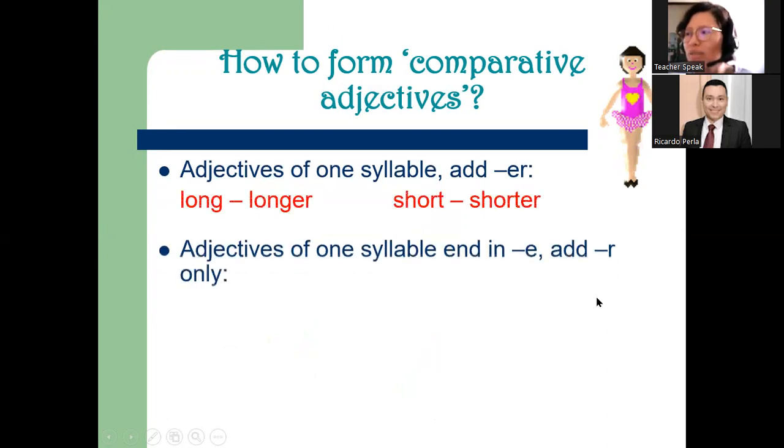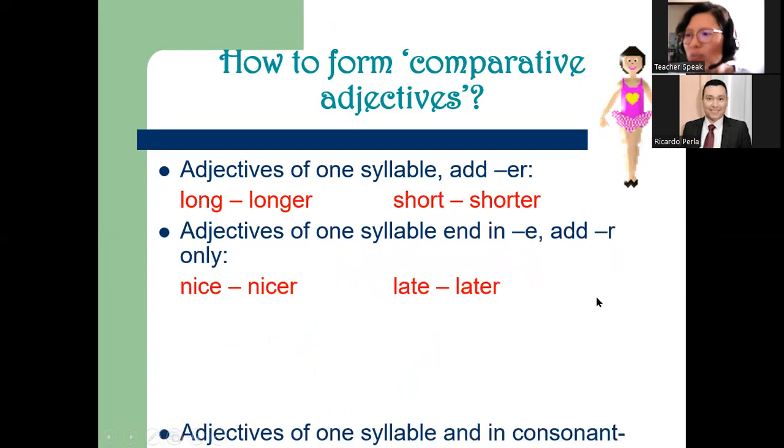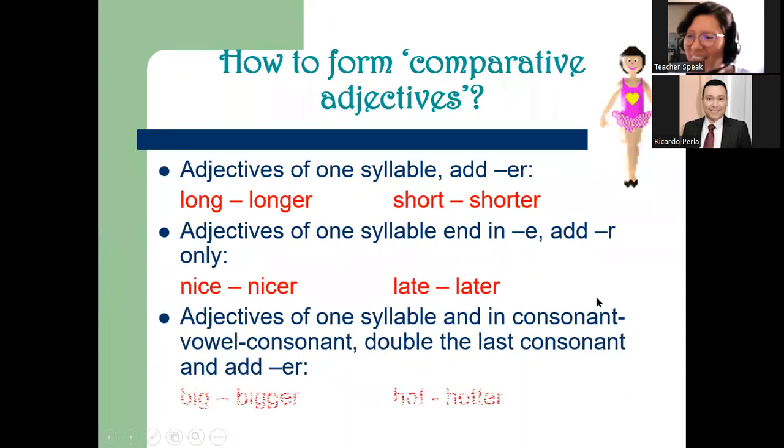If we have one-syllable adjectives, we are going to add ER. For example, long, longer, short, shorter, old, older.